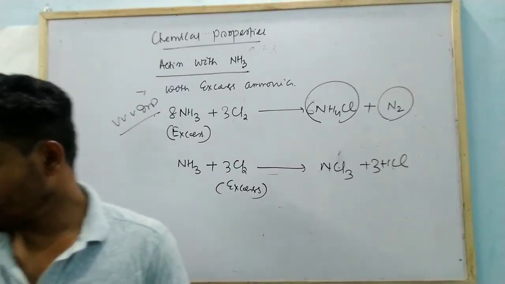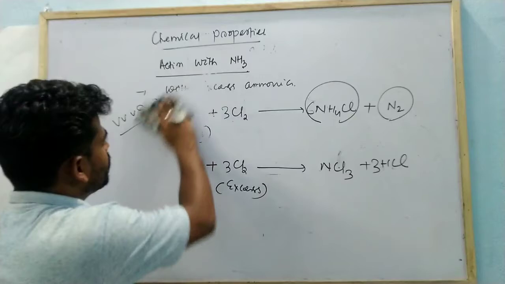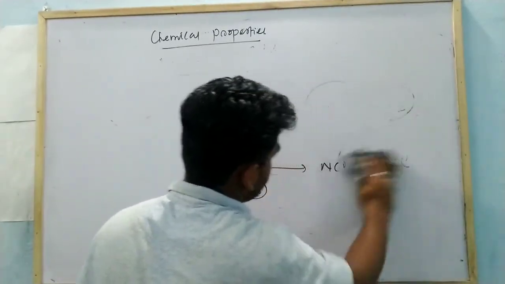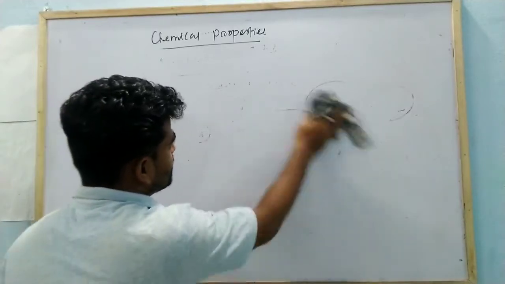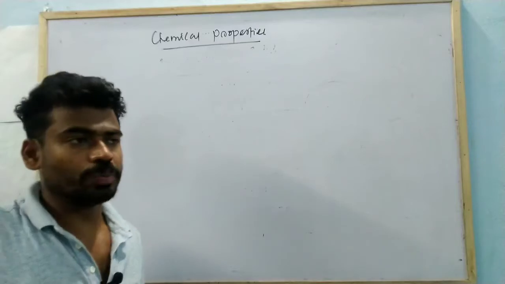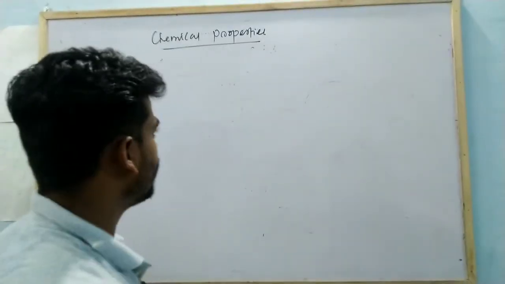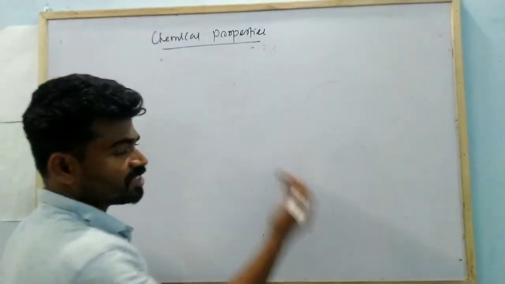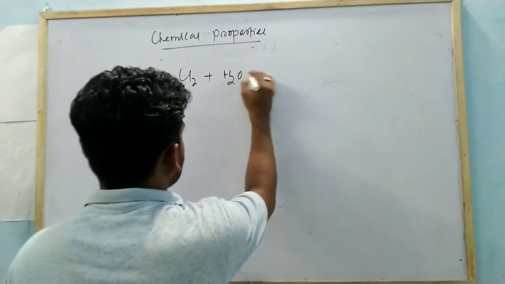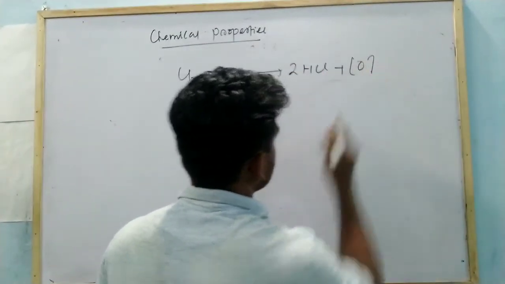Next important chemical property is the cleansing action of chlorine, or it is used as a bleaching agent whose bleaching action is not temporary, rather it is permanent. How? When it comes in contact with moisture, Cl2 plus H2O gives 2HCl plus one nascent oxygen.